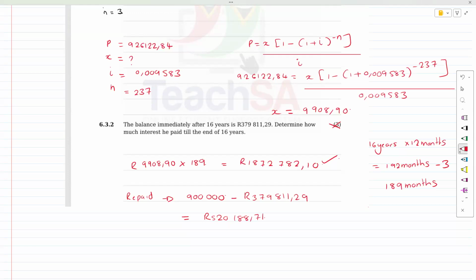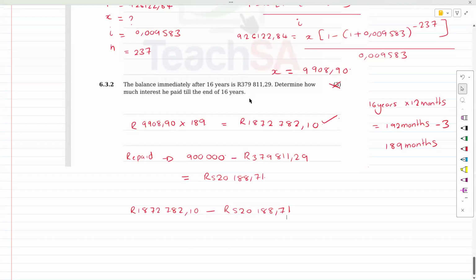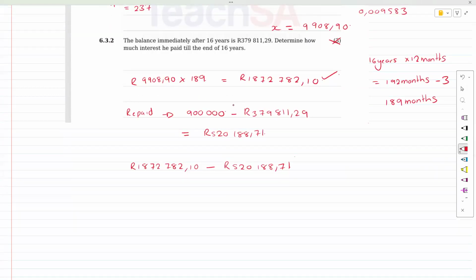Now, if the total amount that he owed was 1,872,782.10, and he repaid that amount, which he really owes, the balance of this would be the interest. So this is what was outstanding from the loan, and let's see what the interest amount is.